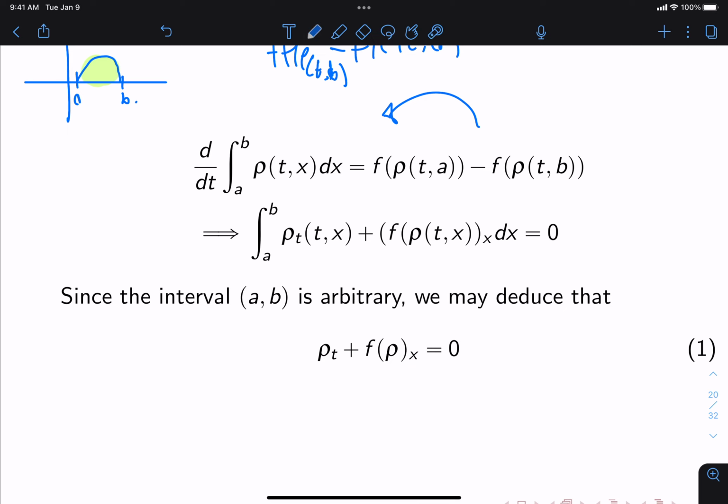This means partial with respect to t, and this notation here means partial with respect to x. We obtain a differential equation relating the function rho with its derivatives in time and in space.